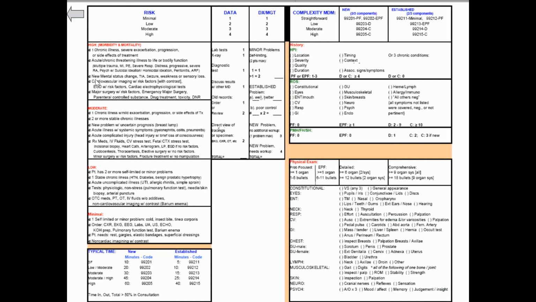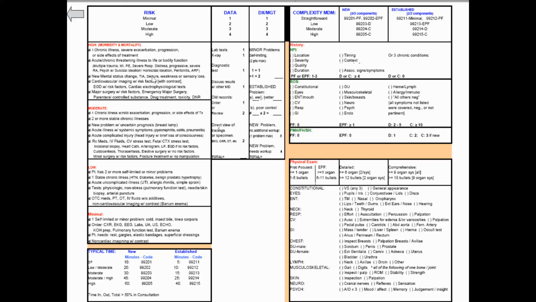Whenever you have mental status changes, I put this in here because this is another one of the AMA's examples. And we've made the point before that you can look at all of these examples and try to parse them out. It's not really helpful to try to memorize these conditions.